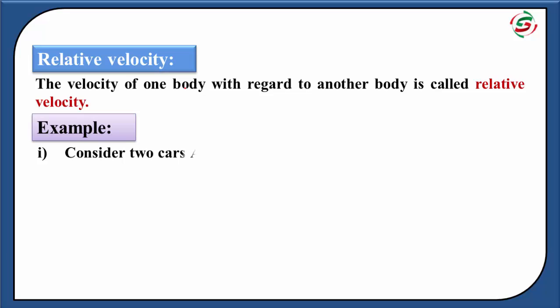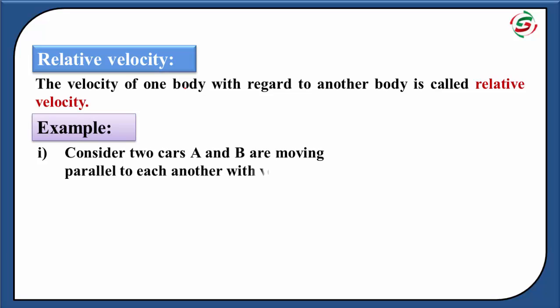Now I will discuss one beautiful example. Consider two cars A and B moving parallel to each other with velocities VA and VB.